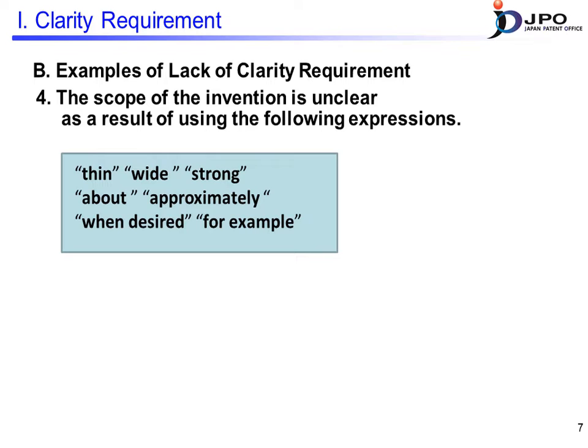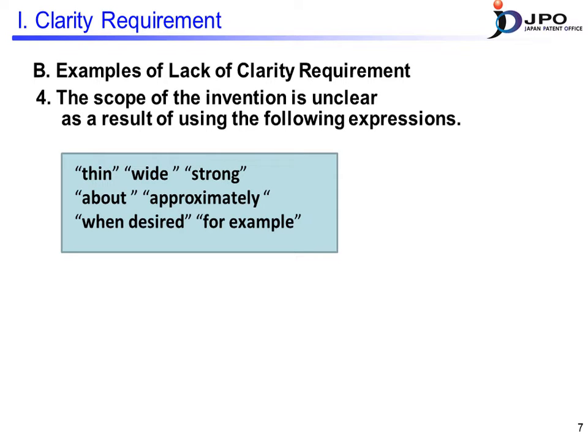Let's look at a fourth type of violation. The expressions shown in the text box of this slide may make claims unclear. If adjectives such as thin, wide, and strong are used in the claim without specifying the exact measurements, the claim may become unclear.